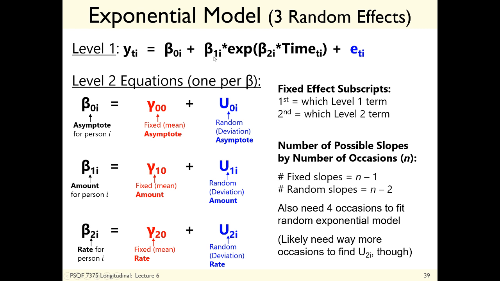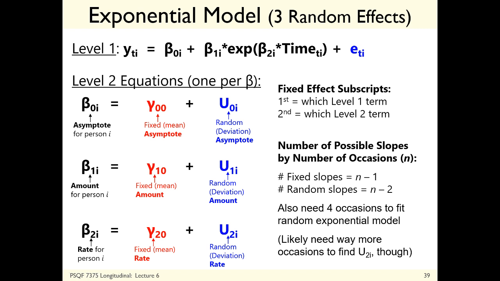Then we have beta 1, which is the amount of change. And here's the nonlinear part of the model. It's e to the rate times time. So it's a negative exponential model whenever the fixed effect gamma 2,0 is negative instead of positive.